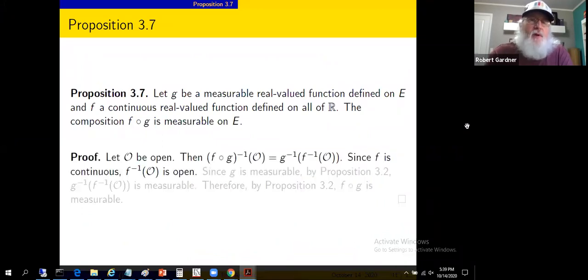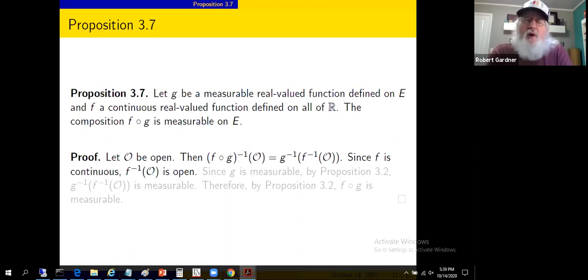Okay. Take an open set O. Then F composed with G inverse of an open set, that is G inverse of F inverse of the open set. Doing the function composition, inverse image stuff with function composition. We know that since F is continuous, F inverse of O is open.